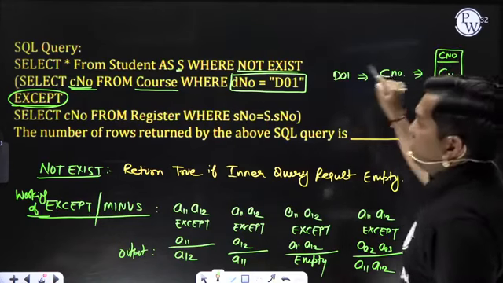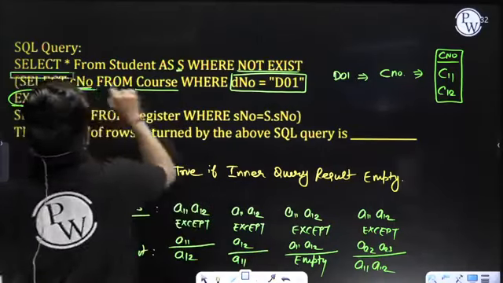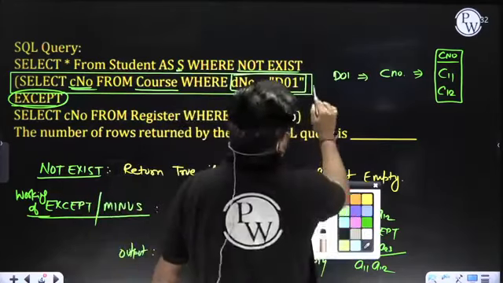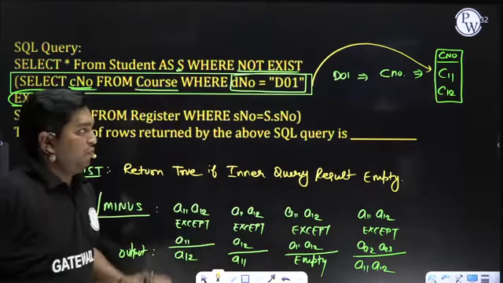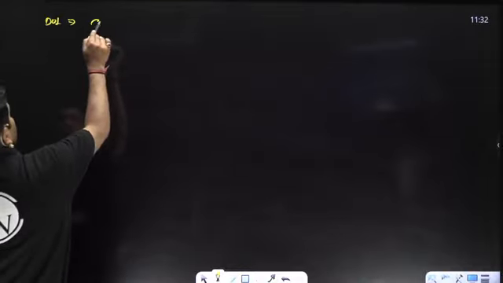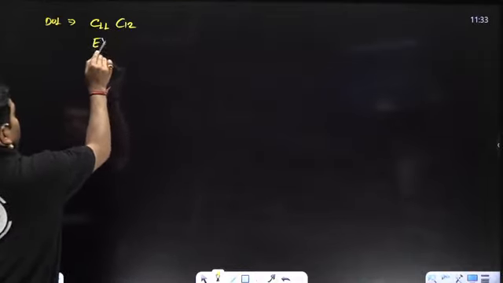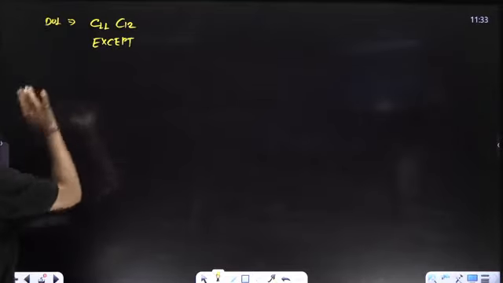So this query will give C11 and C12. Now we will apply except.